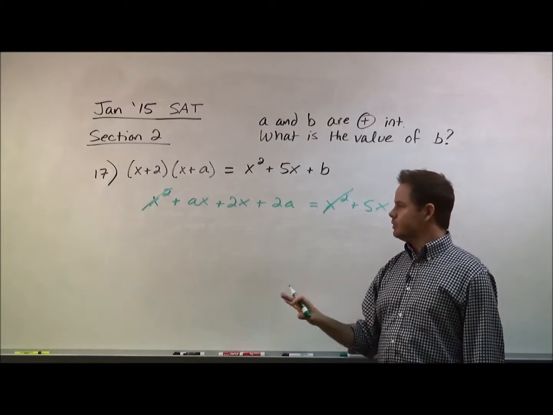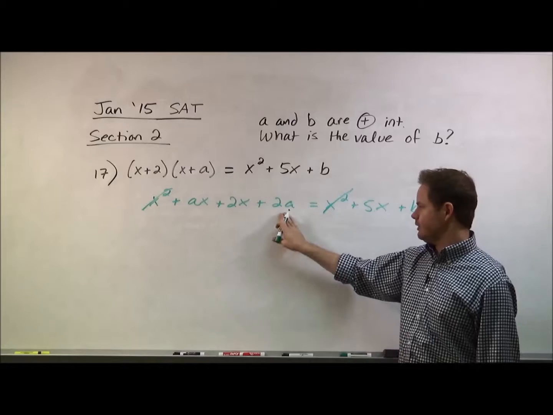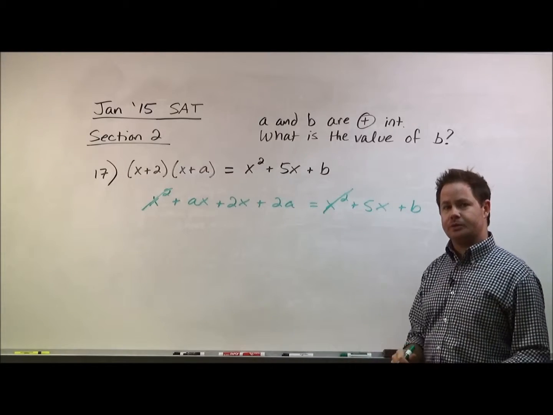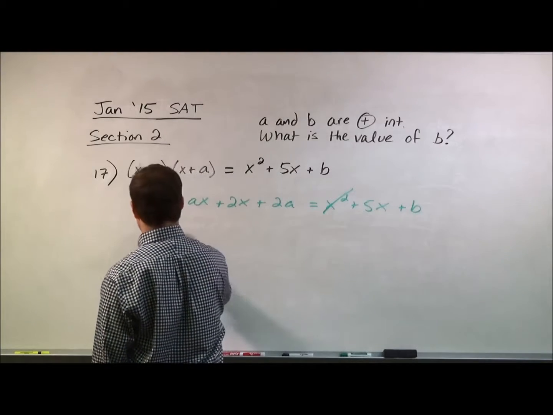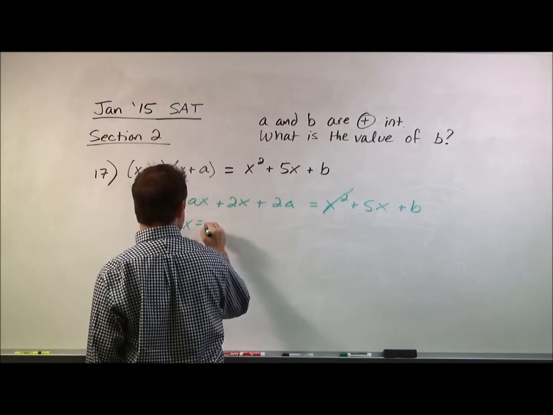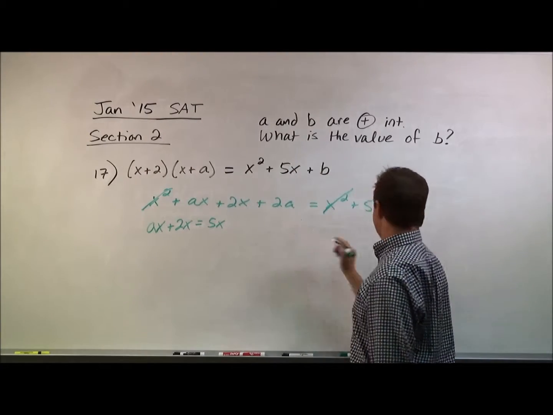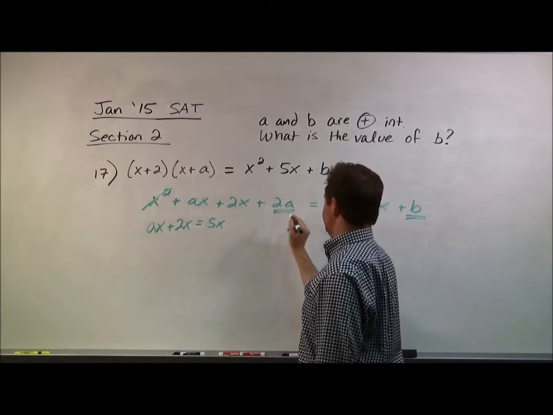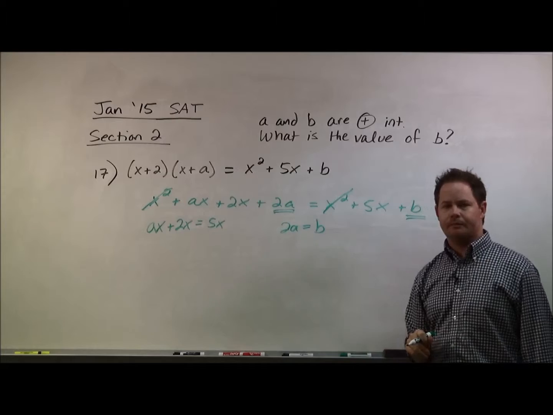So now we're going to set everything with an x equal to each other, and then we're going to set everything without an x equal to each other, and we're going to see if we can simplify from there. So we're going to have ax plus 2x equals 5x, and then separately, we're going to have 2a and b equal to each other as well.